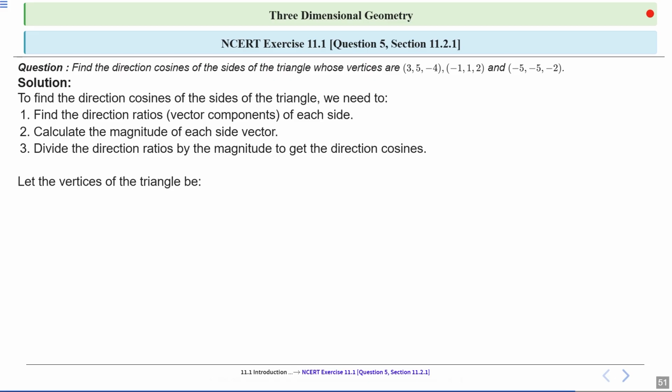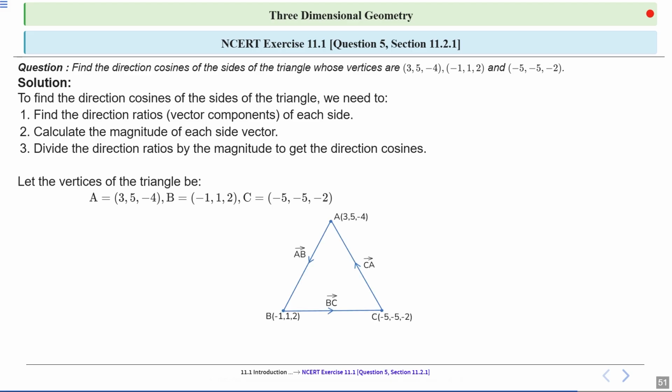Now let the vertices of the triangle be A equals 3, 5, minus 4, B equals minus 1, 1, 2, and C equals minus 5, minus 5, minus 2. Now let's take a look at this diagram.